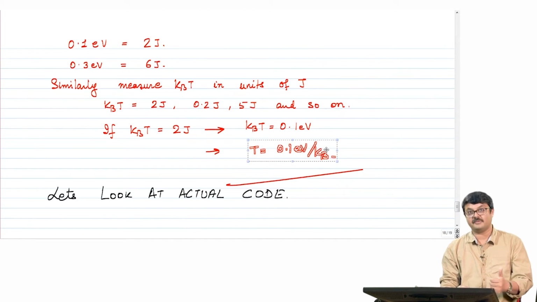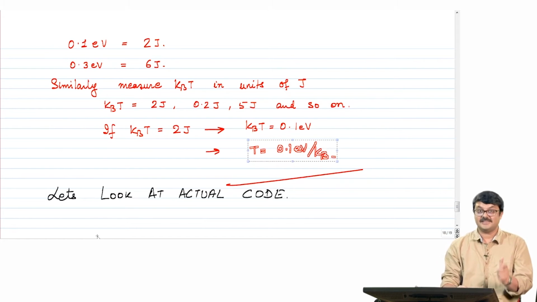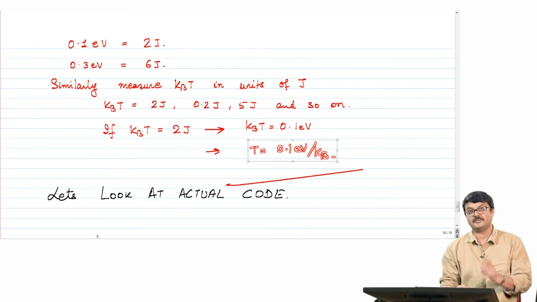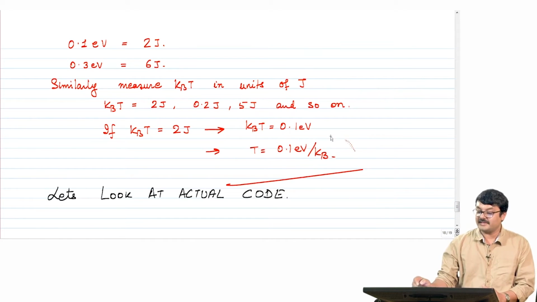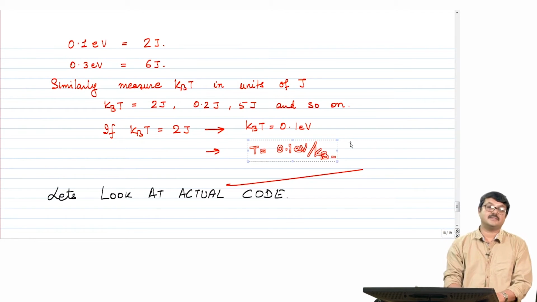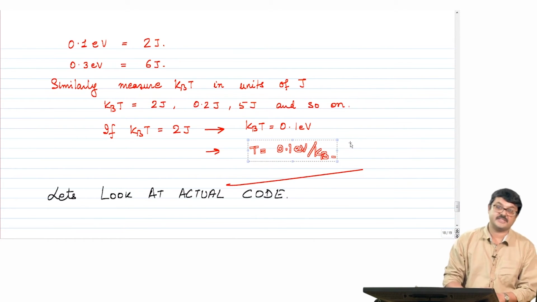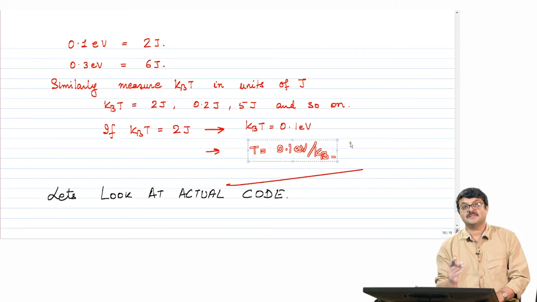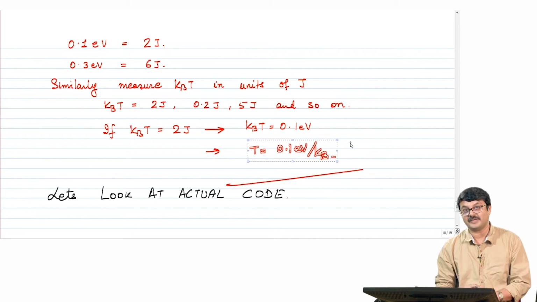I am using these equivalently, but kBT is thermal energy, T has units of temperature, and if you take thermal energy and divide by kB, you get T. We shall be measuring temperature in units not of electron volt, but in units of J, where we shall set J equal to 1, and then figure out at what value of temperature in units of J the Ising model gets demagnetized or loses its ferromagnetic behavior. So, that is basically where we are heading.